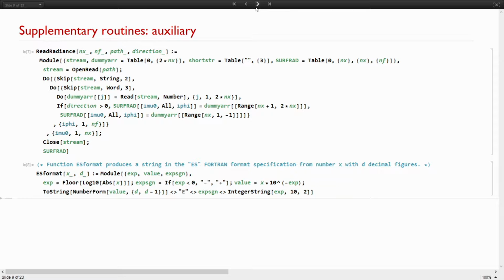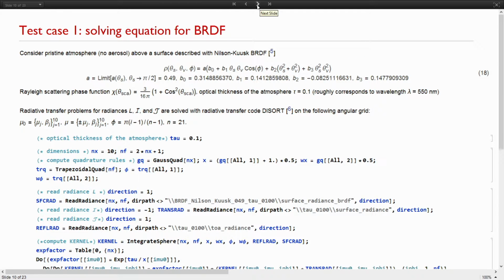So here we go. The first case: pristine atmosphere, no aerosol, the bottom surface is described with BRDF given by Nielsen-Kusk, equation 18. In the atmosphere, we have only Rayleigh scattering, so the scattering phase function is fairly simple. Optical thickness of the atmosphere I chose of 0.1, which roughly is about green light, 550 nanometers.